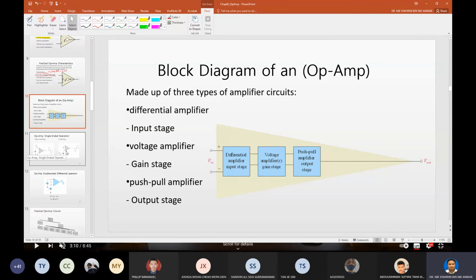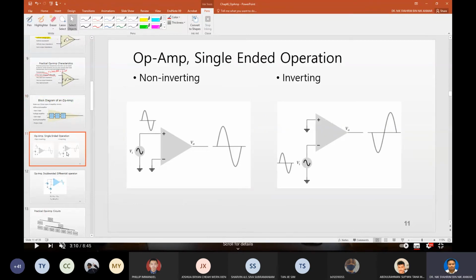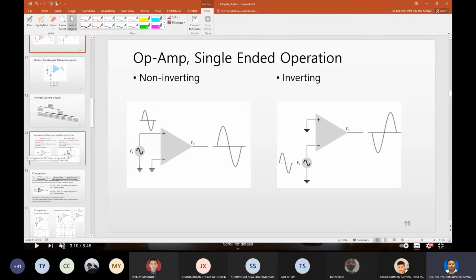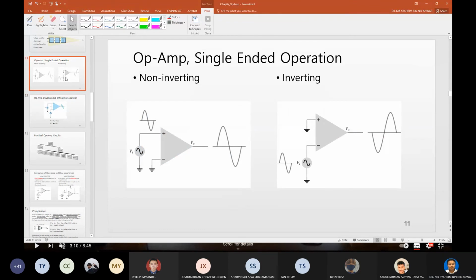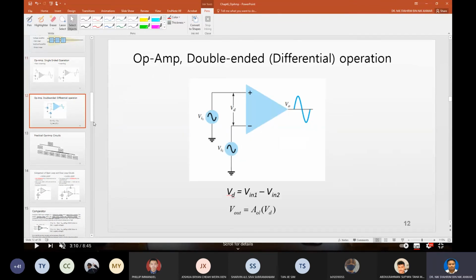What will happen is that since you have two inputs, one is the positive one, the non-inverting, and one is the negative, the inverting, the operational amplifier will consider the VD, which is the V difference, denoted by V in 1 minus V in 2.